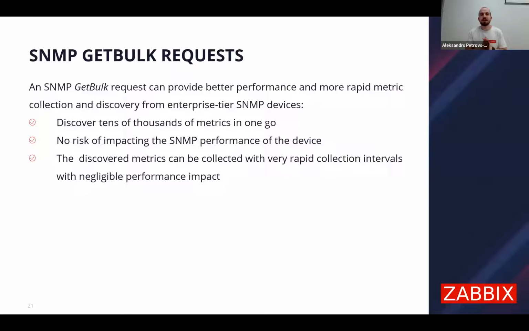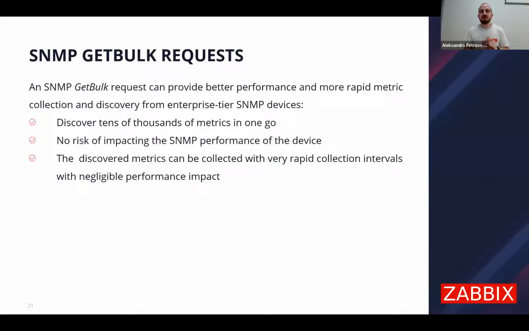And the new method is SNMP get bulk requests, which is, again, the most efficient way to monitor large enterprise network devices. Since SNMP get bulk requests can provide better performance, faster metric collection, and faster discovery execution of all the entities, of all the OIDs that you need to get from an SNMP device.